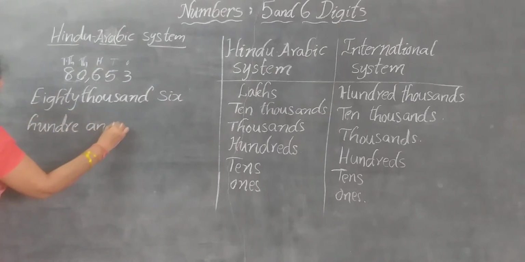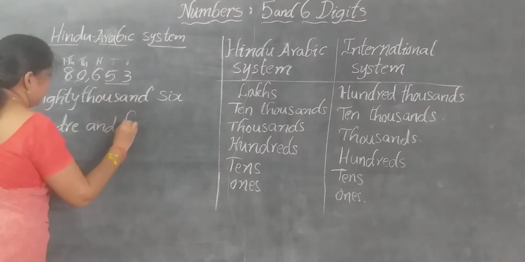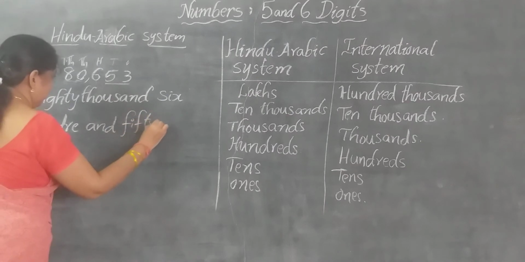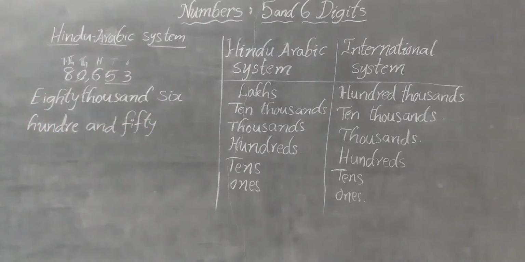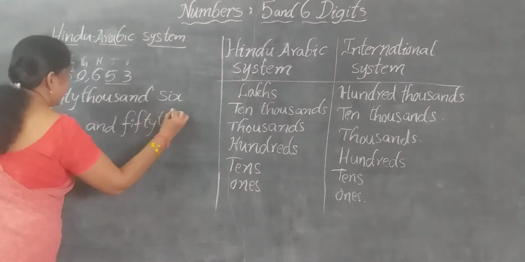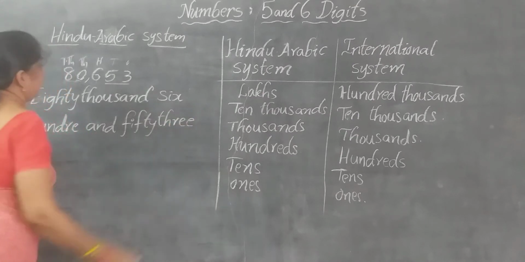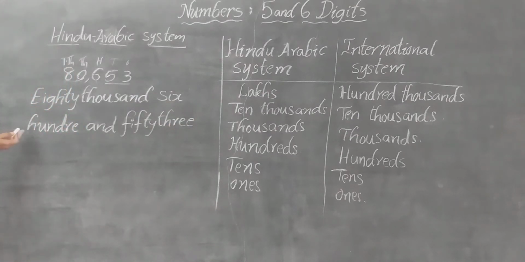And this one, 53. Spelling 50, F-I-F-T-Y, not F-I-V-E-T-Y. Many children are writing like that, F-I-V-E-T-Y. F-I-F-T-Y 50 is the correct one. 53, T-H-R-E-E. This is the numeral. 80,653.